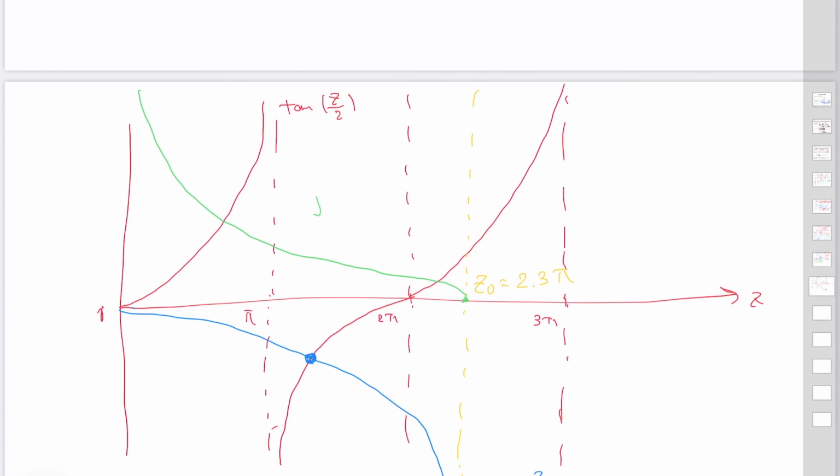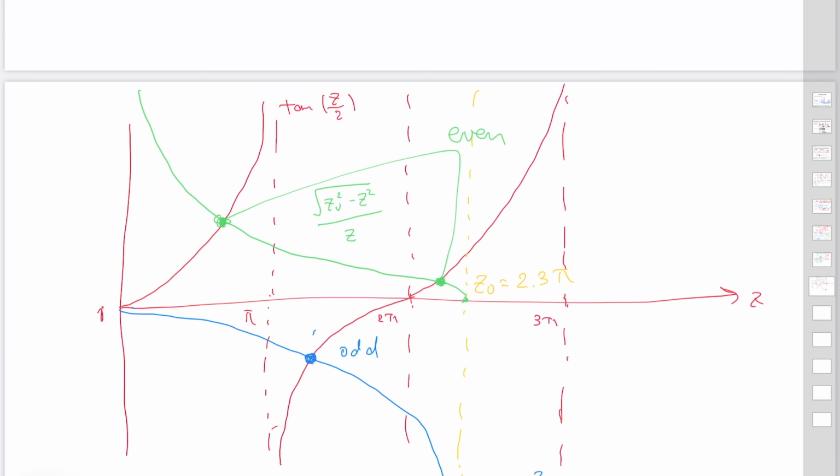This is the square root of g₀² minus g² over g. So in these situations, we have two solutions, here and here. So actually we have only three solutions because there are three intersections. So these two cases are even functions. In the blue case, this is the odd function.